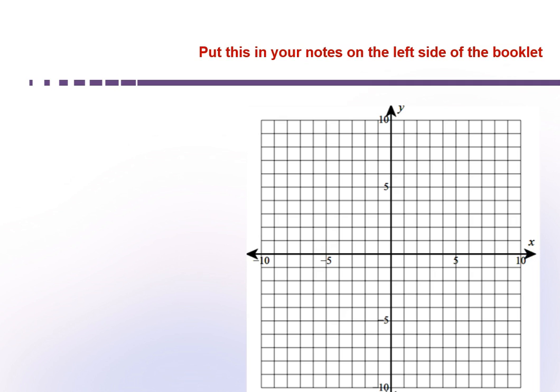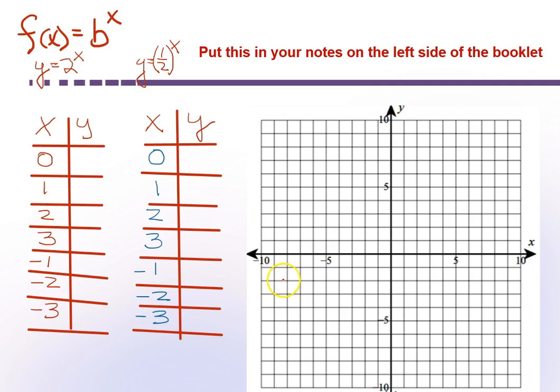Now, what I'd like to do here is have you put this in your notes. So on this side you will sketch a graph here, and then you want to make two t-charts. And we're dealing with an exponential function. That is, the x is the variable as the exponent.